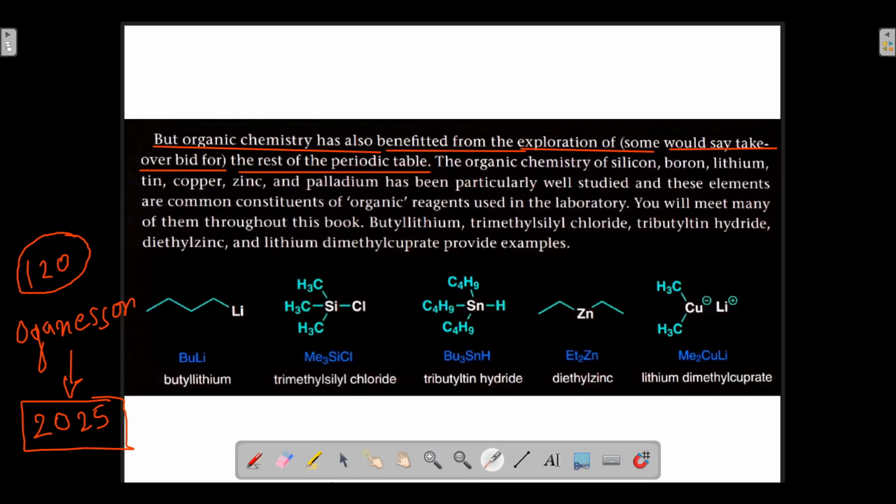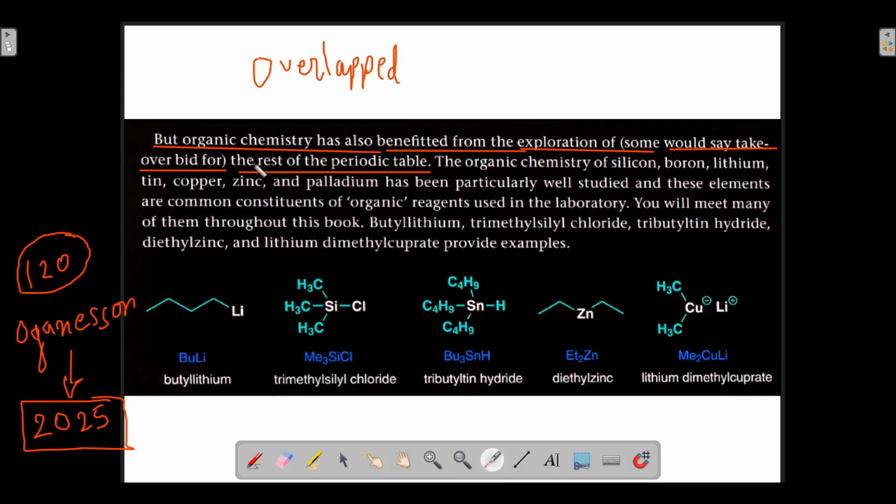So organic chemistry is slowly getting overlapped with inorganic, physical, pharmaceutical, atmospheric, and analytical chemistry. It is getting influenced by those branches, because new elements are being discovered in organic compounds.